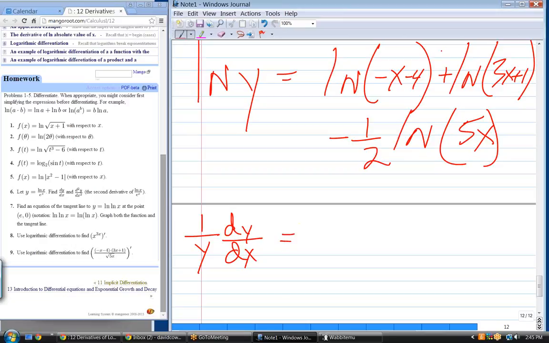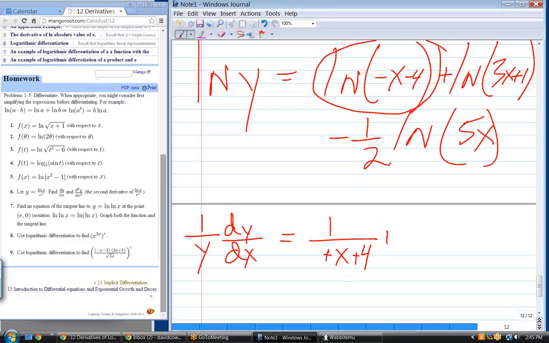What's the derivative of that? 1 over negative x minus 4. Sorry. What's the derivative of the inside? Negative 1, which changes those to a plus.